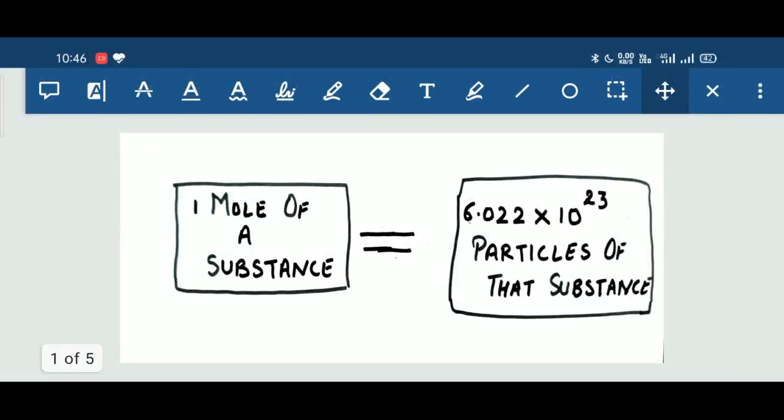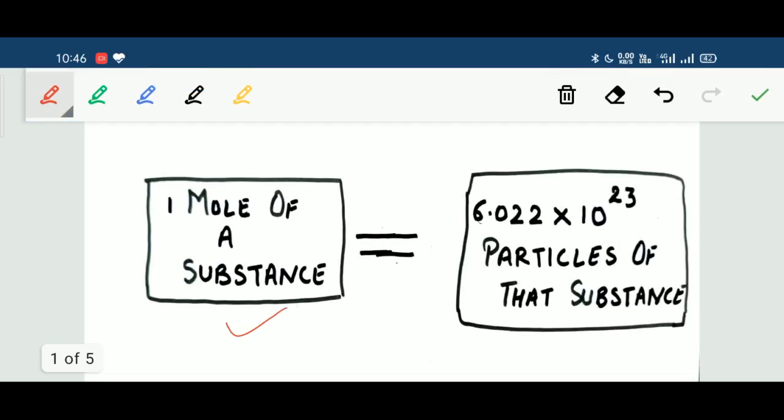With this, students, we have established a relation between mole and the particles of a substance: 1 mole of a substance is always equal to 6.022 × 10^23 particles of that substance. Now, using this relationship, we will try to solve certain numerical problems.